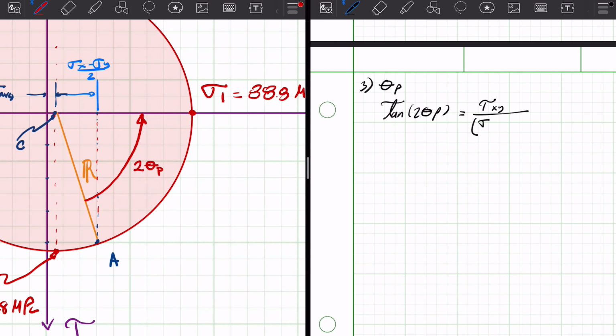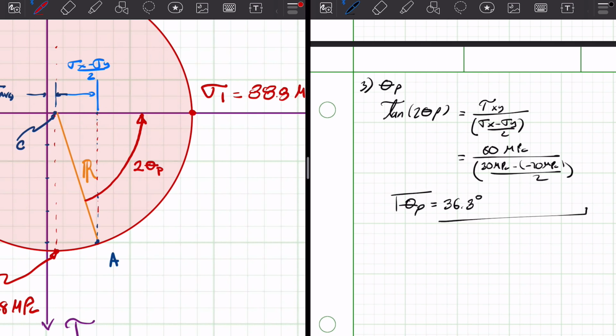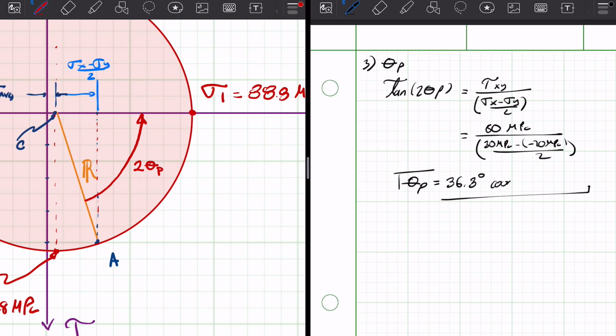We substitute our values in, and we have 80 megapascals here, and 30 megapascals minus 20 megapascals divided by 2. And after we solve everything, we have that our angle of the principal stress is equal to 36.3 degrees. And this is important: this is counterclockwise.